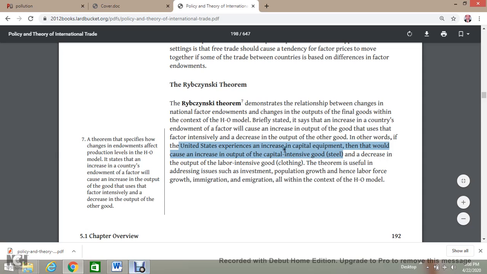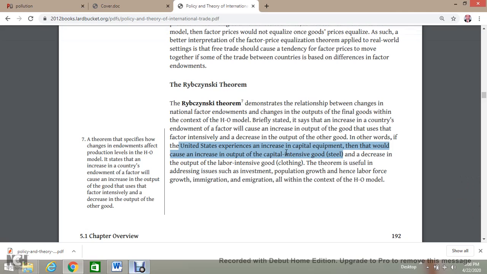Since there is an increase in production of steel in the country, there will be a negative impact on the cloth manufacturing industry, and there is a decrease in clothing. And in this clothing industry they are using labor intensive inputs, so obviously the demand for laborers will decline.